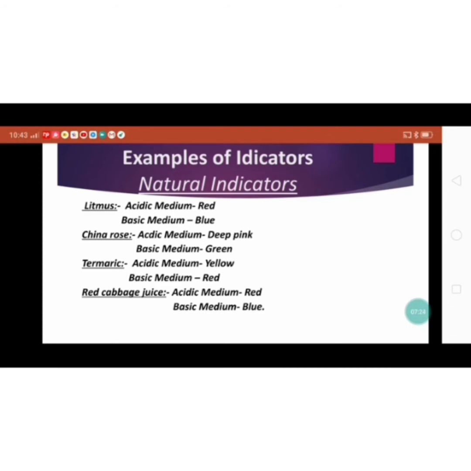The color of red litmus paper will not change. But as soon as we put some drops of lemon juice or vinegar on the blue litmus paper, it will turn to red in color.